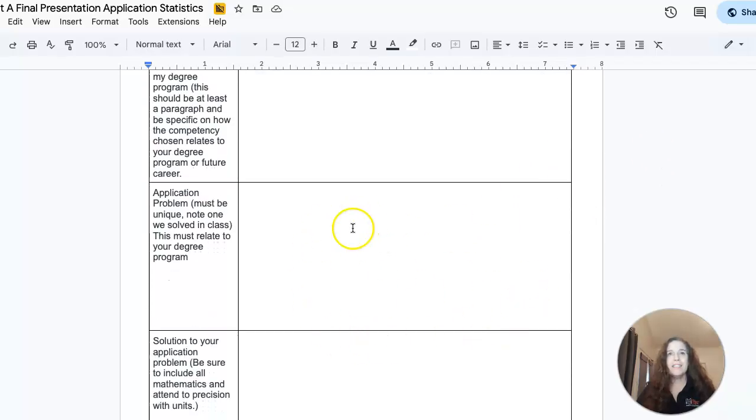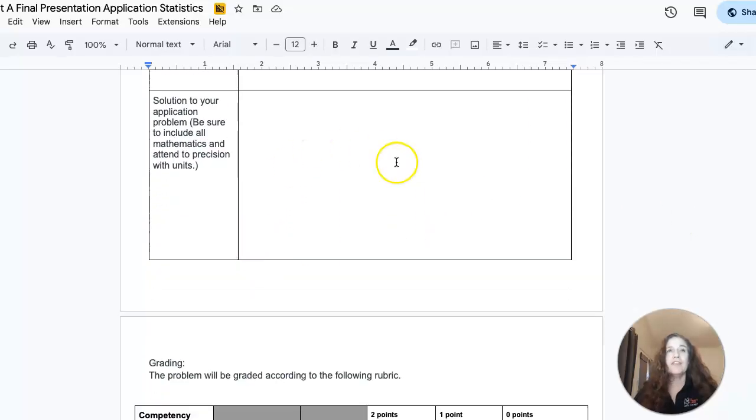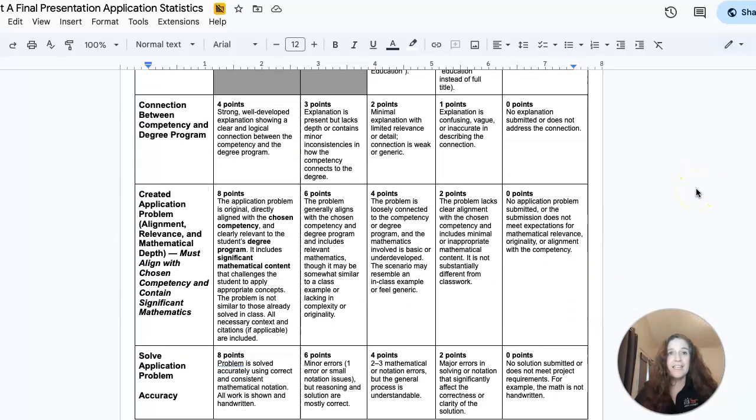You're going to write an application problem. It should be unique, not something we've solved in class, and it must relate to your degree program. And then your solution and all your mathematics must be handwritten here, and you need to really attend to precision. And then again, here's the rubric.